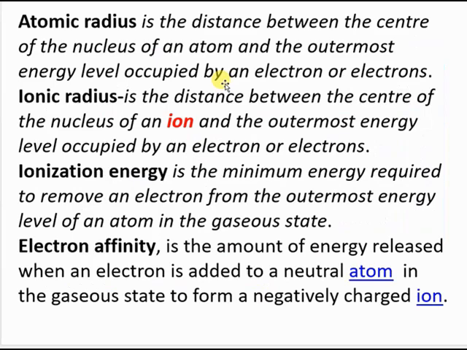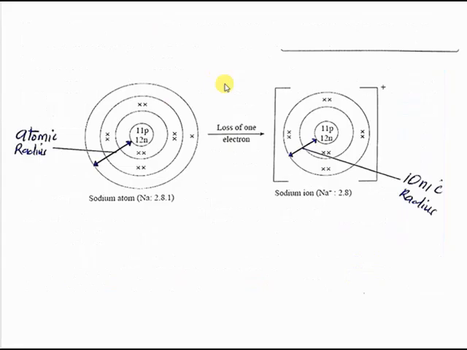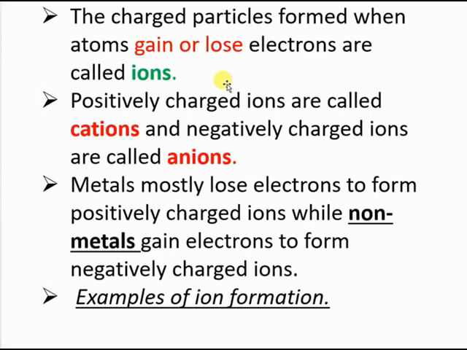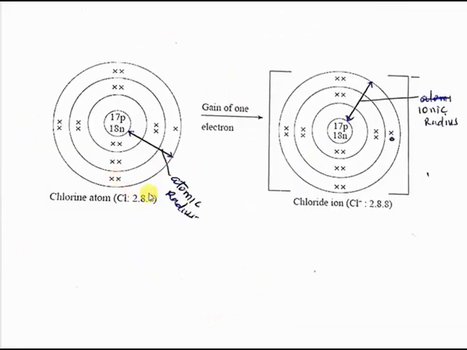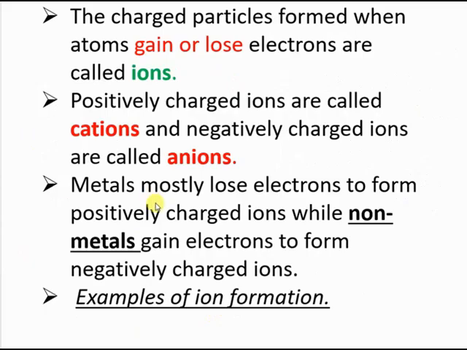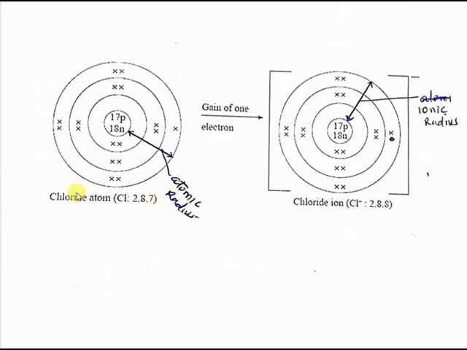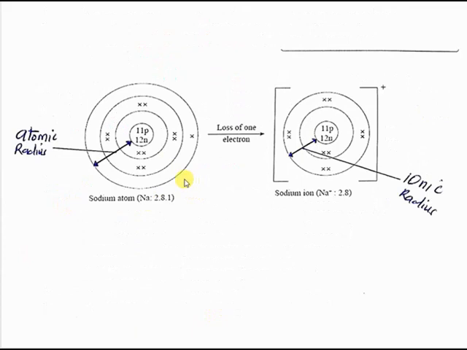So before examples of ion formation, let us look at sodium. Sodium forms an ion by losing one electron.